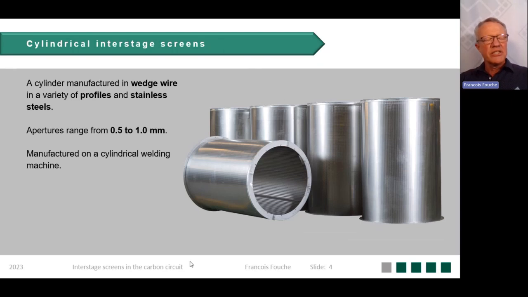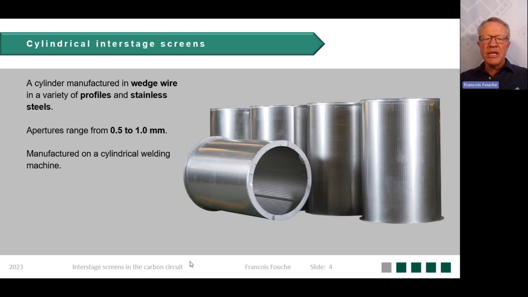So the cylinder is what it says on the label. It is a cylinder that is welded in wedge wire. It comes in a variety of profiles and a variety of stainless steel grades. The typical aperture sizes range from 0.5 millimeter to 1 millimeter.